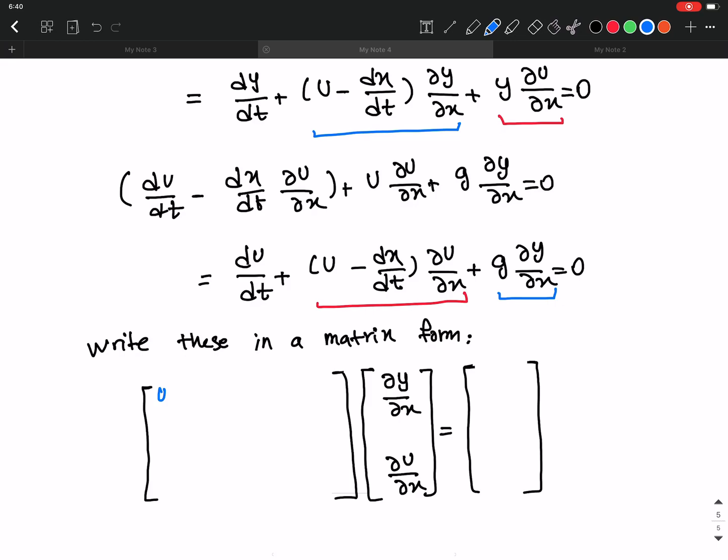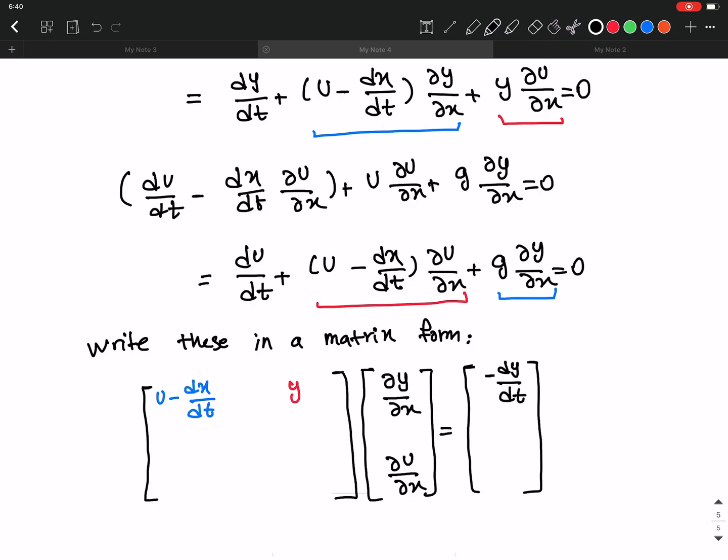This should be u minus dx/dt, right? And then we have the second term, which is y, for partial u partial x. So I'm just going to put y here. And then we have the third term, which is dy/dt, so I'm just going to write minus dy/dt.